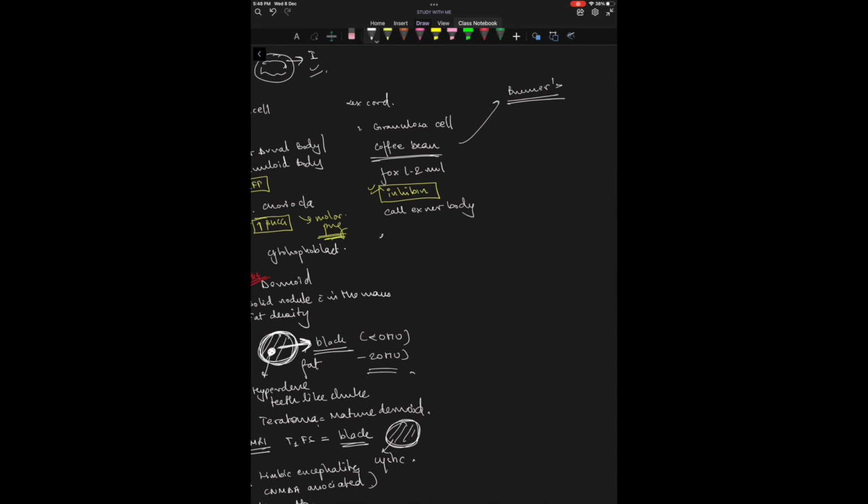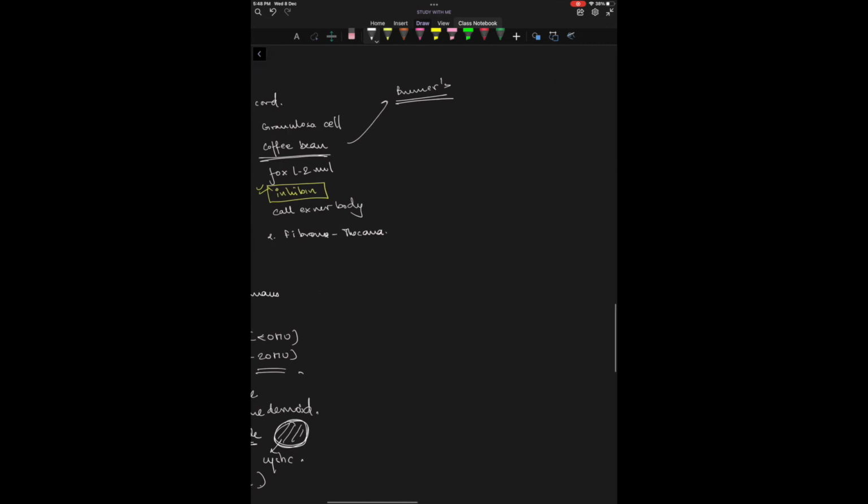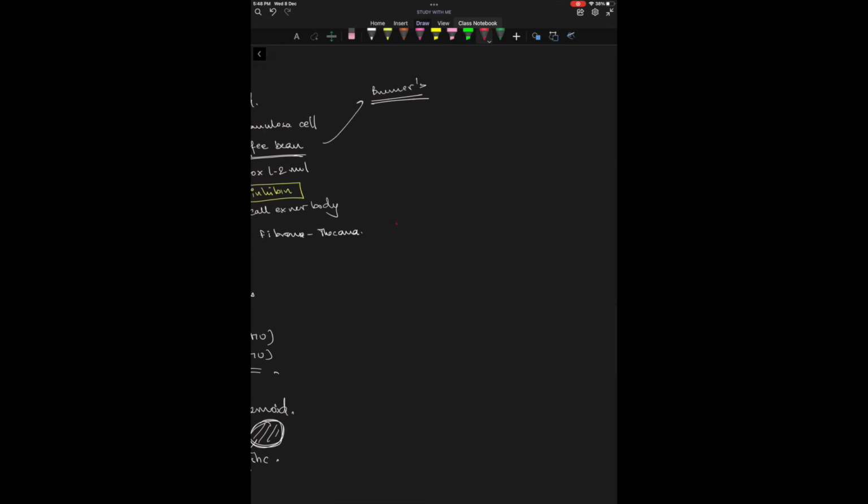Second tumor is Fibroma, Thecoma. Now, there are two syndromes, Meigs versus Pseudo-Meigs. So what you have to remember is that if the tumor is given Thecoma, Fibroma, then it is Meigs, and in Pseudo-Meigs there is any other tumor except Fibroma and Thecoma, right?